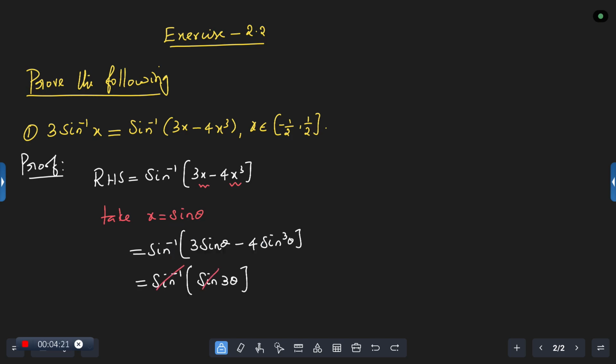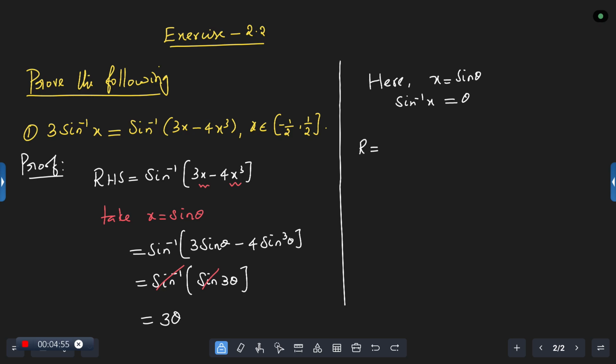So what is next here? Sin inverse, sin cancel. What you are going to get here is 3 theta. We assigned x equal to sin theta. Correct? Then theta equals sin inverse of x. So replacing theta in 3 theta, that is equal to 3 sin inverse of x.